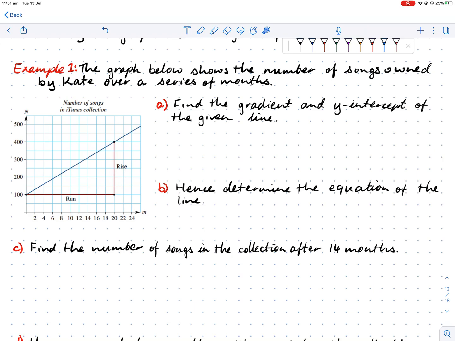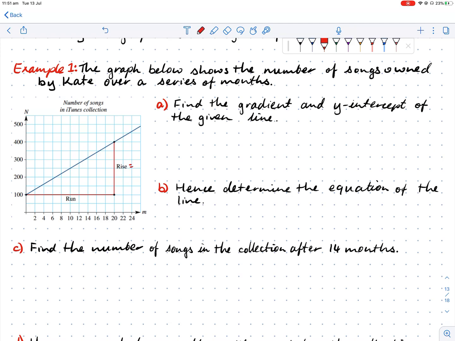So the first question: find the gradient and the y-intercept of this line. You can see that we've already drawn in a triangle here to work out rise over run, and that's what gradient is. So we're going to calculate the rise first. It's starting at 100 and it's moving up to 400.